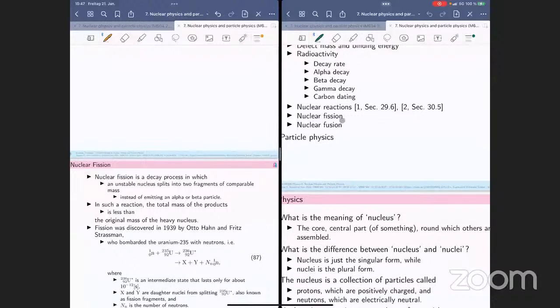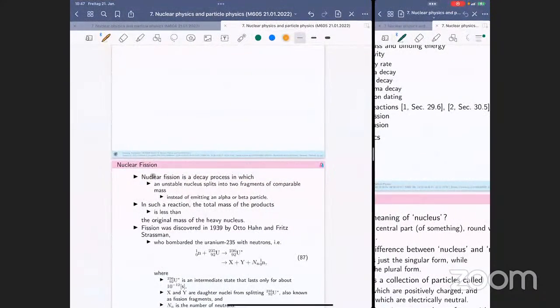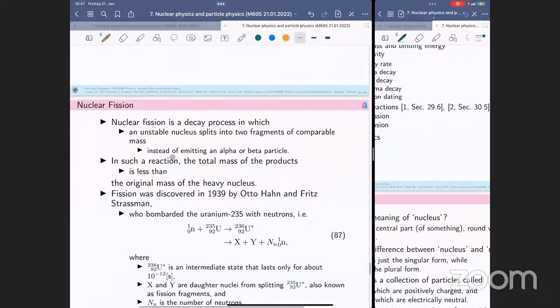In my grandparents' generation, or in your grandparents' generation too, I'm not sure, it took place so many decades ago, nuclear fission. Nuclear fission is a decay process that is also man-made. It doesn't take place in nature.